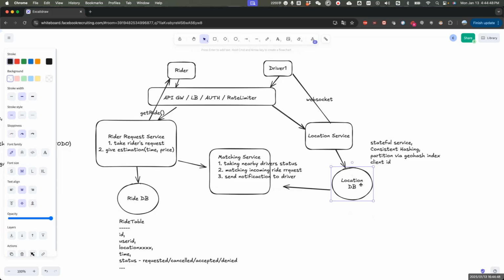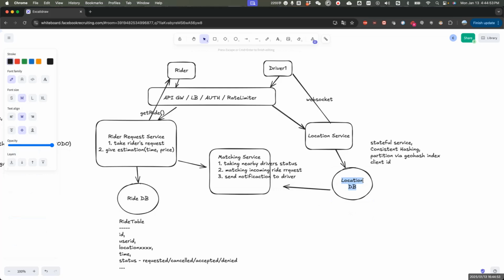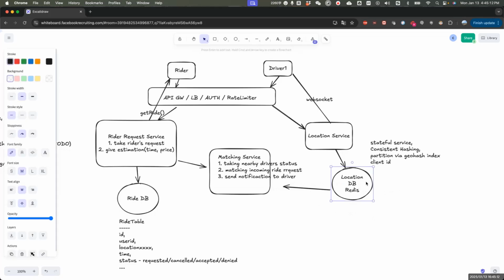So in order to make this quick, I would recommend we don't use a normal database like SQL, MySQL, etc. We could directly use Redis. The reason is that Redis supports geohash index, first of all, and second, most importantly, it's hashing, and it's much faster compared with querying a database.